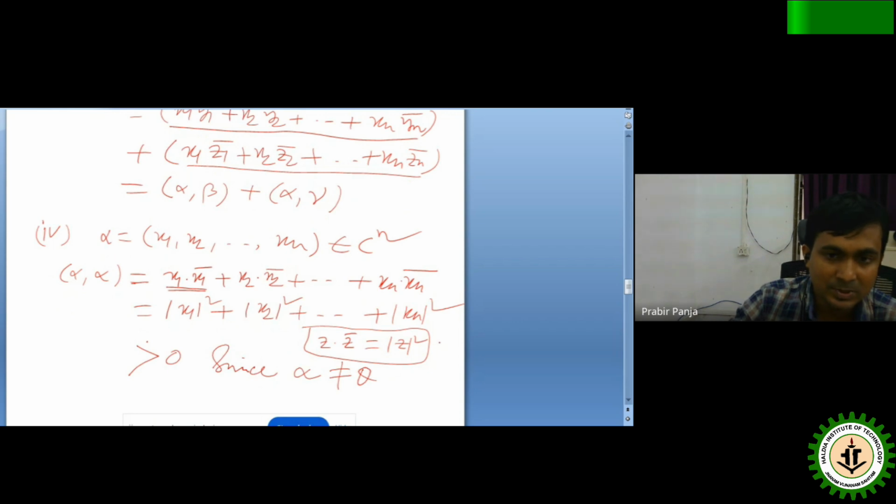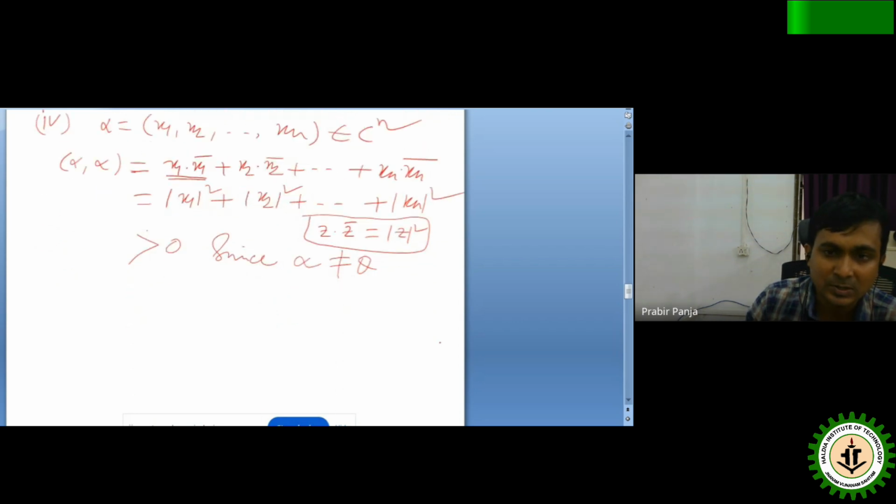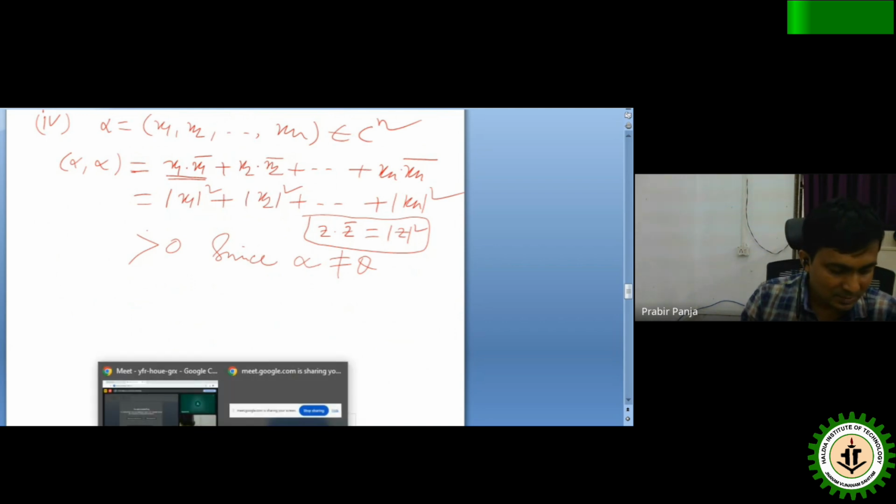So we can see that the product rule alpha beta satisfies all four conditions of a complex inner product space.